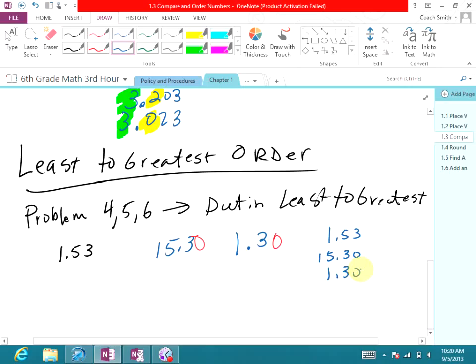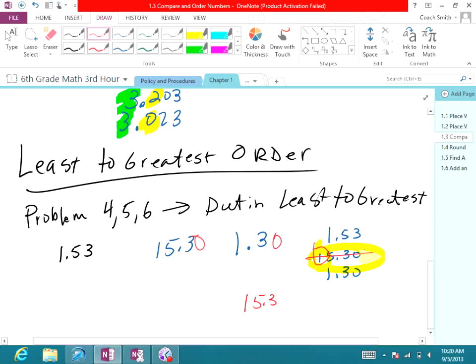Now I'm going to look at it. I already know that one sticks out, the column with the 1, 5, and the 1 in it. So I know that 15.3 is my largest number.